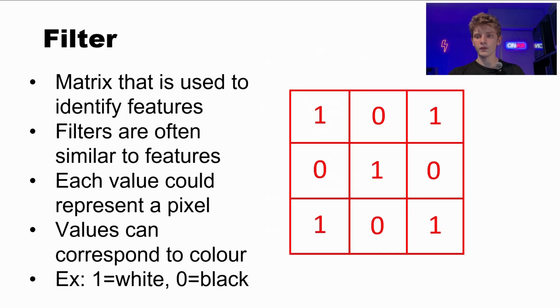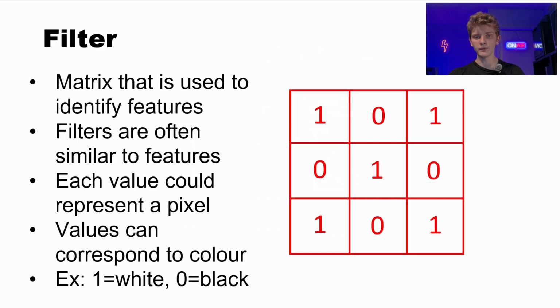Now, the values of our filters can correspond to what we want, but for the case of images, we can use the values in our matrix or our filter to represent different pixels. So for our example, since we're dealing with black and white, we could have a value of 1 represent a white pixel, and a value of 0 represent a black pixel.